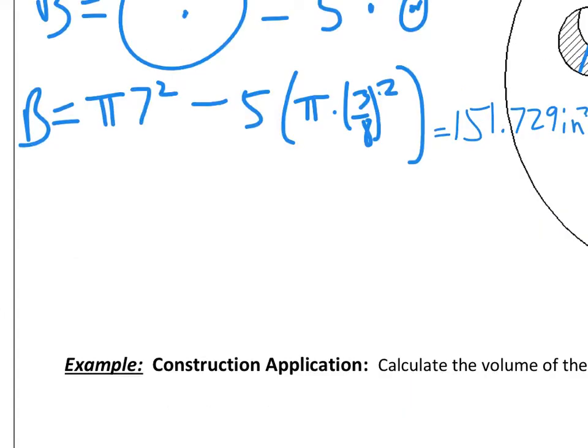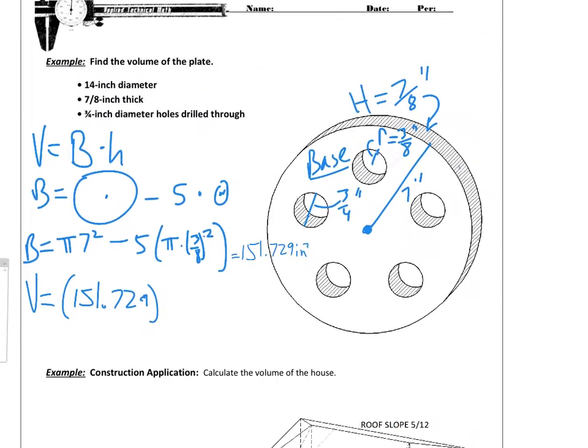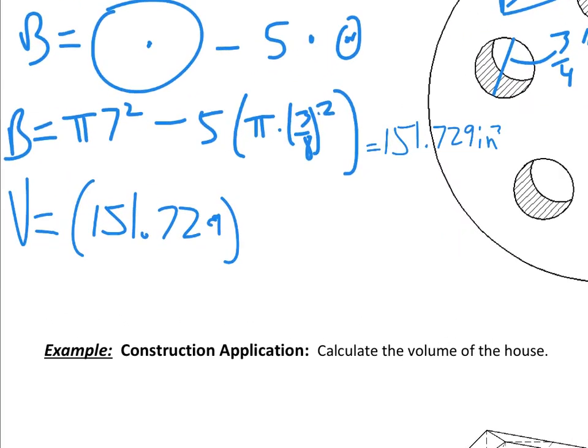Now remember, that's just the area there. Now we got to find the volume. So the volume is area of the base, 151.729 times the height, and the height of this thing was 7/8 of an inch. So we're going to multiply that by 7/8.